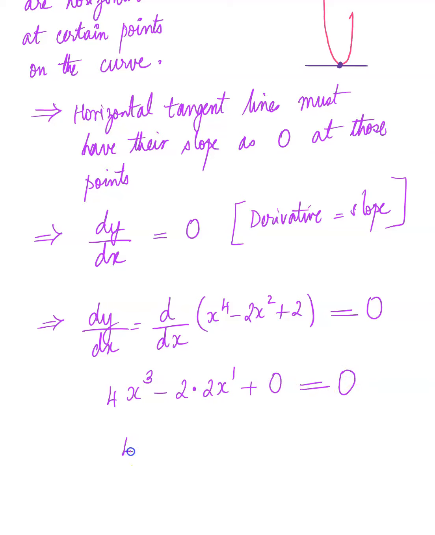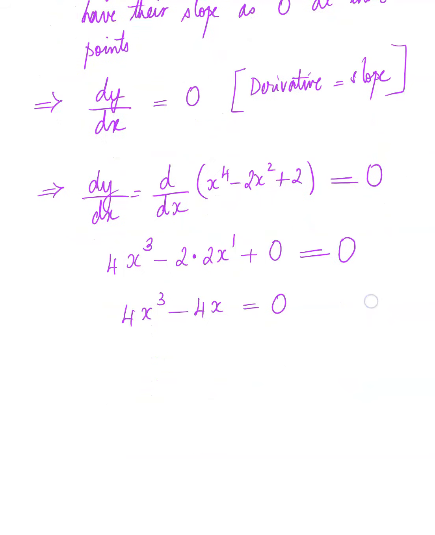So that's basically 4x cubed minus 4x equals 0. Then it becomes pure algebra for us, because we already anticipated the slopes at these points to be 0. We're trying to find what those points are by setting the derivative to 0.